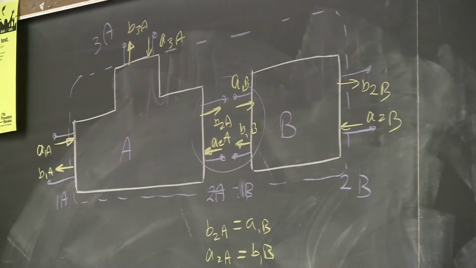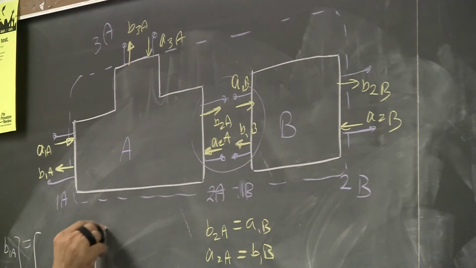You have two options. One of them is to write the equations. Like for device A, you write B1, B2, B3A is equal to S parameters here, SA, times A1, A2, A3A.